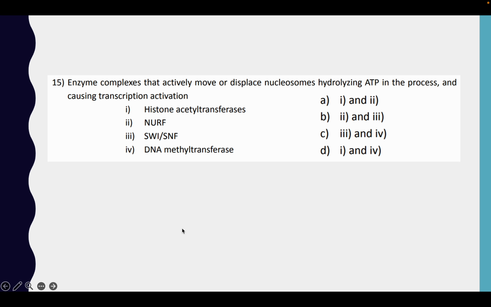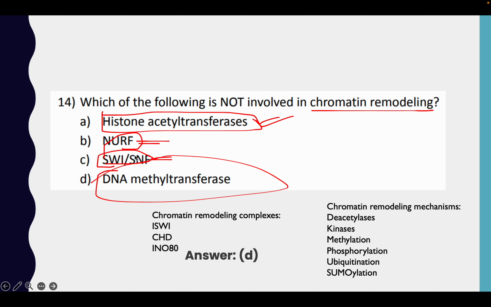Why A? Why have you chosen A? Got confused, ma'am. I already explained that these are two enzyme complexes which are involved in chromatin remodeling. There are other chromatin remodeling complexes also which could be involved.